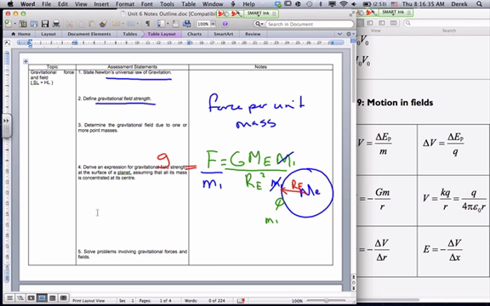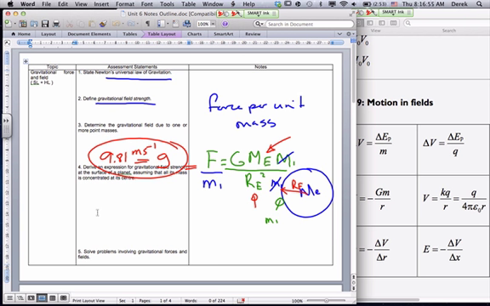When we put in the values for the mass of the Earth and the radius of the Earth into that equation, it comes out at 9.81. So 9.81 is our gravitational field strength.